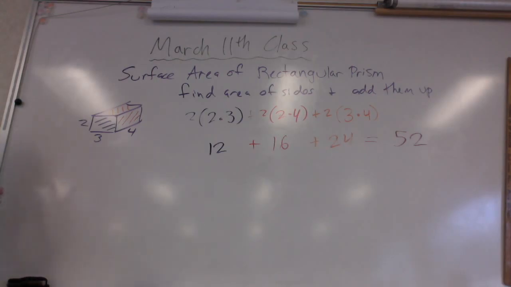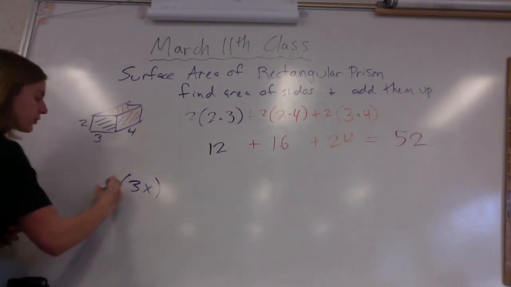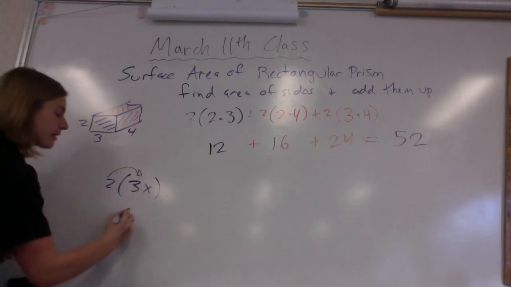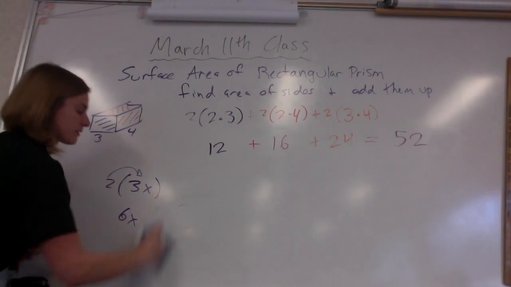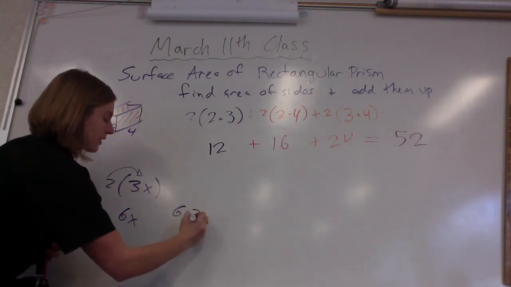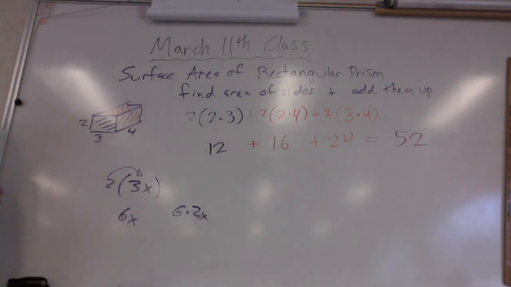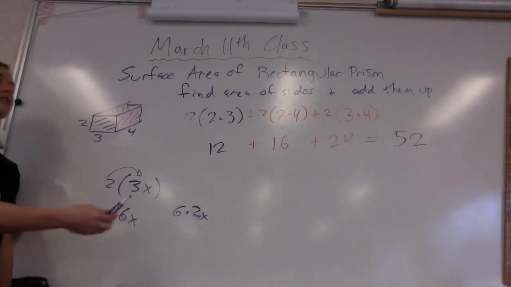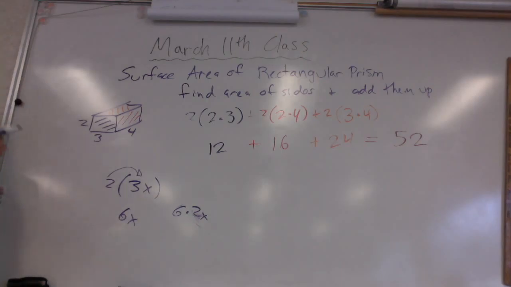Think about it: if we have 3x and a 2 outside, when you distribute it, it becomes 6x, not 6 and 2x. You're not distributing it to both the 3 and the x. The 3 and the x are multiplying, so you only need to distribute it to one thing. It's the same way with our 2 and our 3. You can think of the 3 as that x. We don't need a second distribution. It's already being distributed to it.